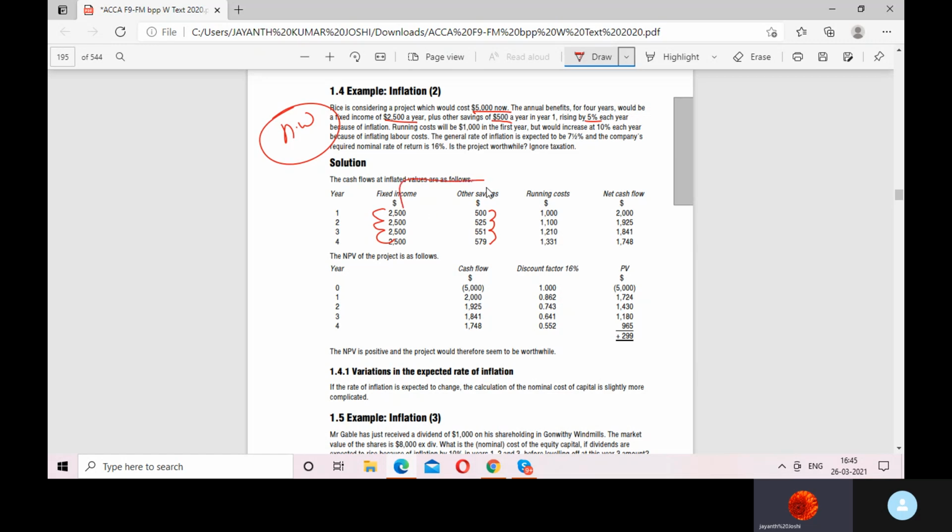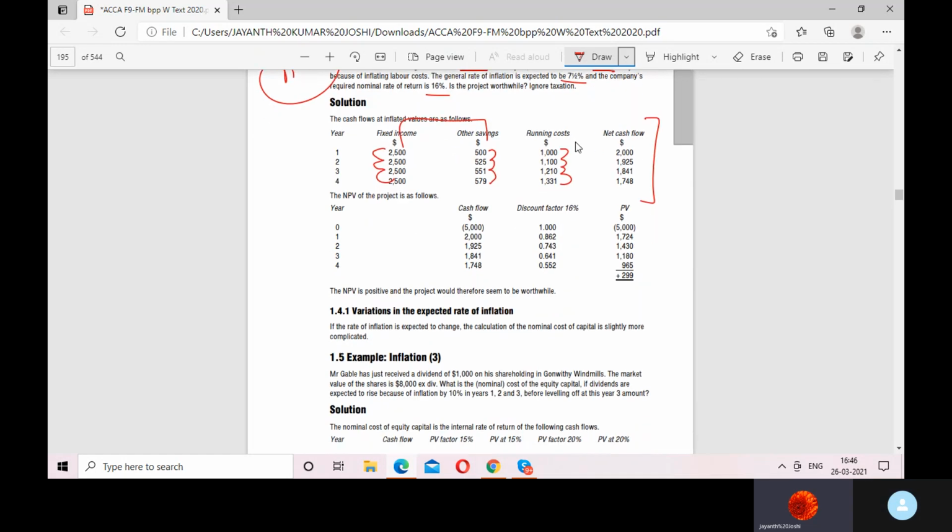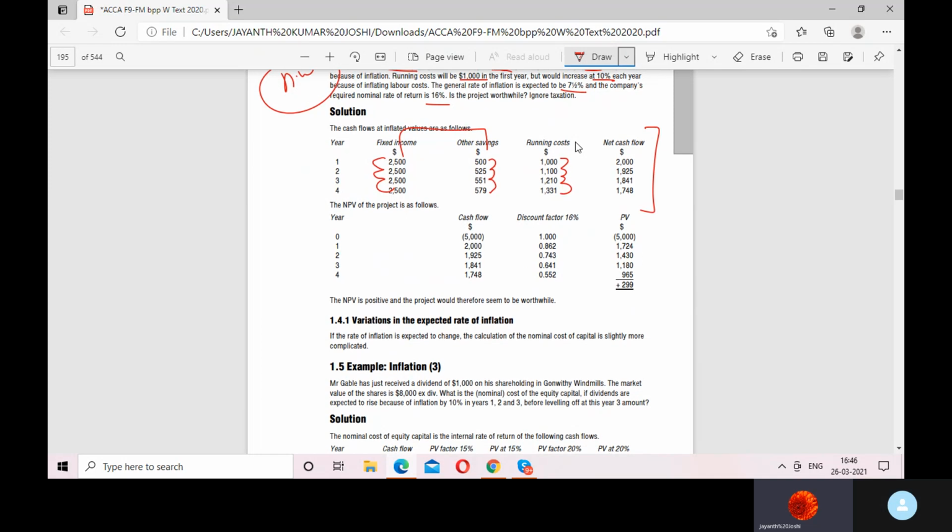So fixed income and savings you have, and there is also some running cost, 1,000, with a 10% increment every year. So now from this fixed income plus savings minus running cost, you get net cash flow, correct? Yes, sir. And you have to discount at 16%, and the inflation is going on at 7.5%. So you discounted at 16%.